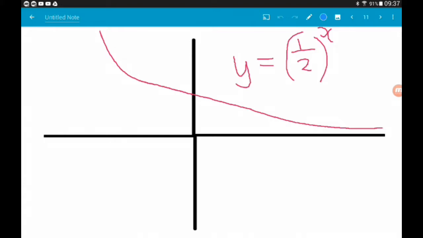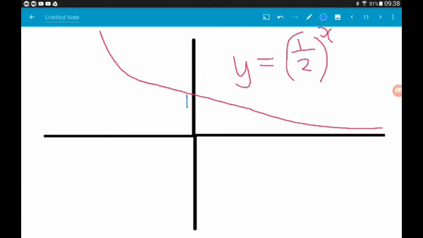So it still goes through the y-axis at 1, but this time to the left of x equals 0 we get bigger, and this is because we have a fraction to a negative power, and on the right we get smaller because we have a fraction to a positive power.